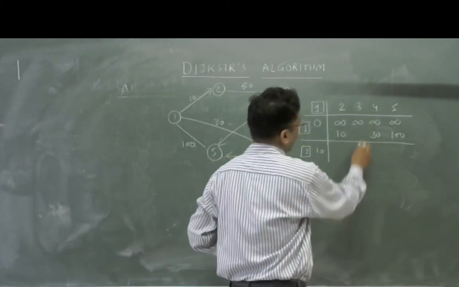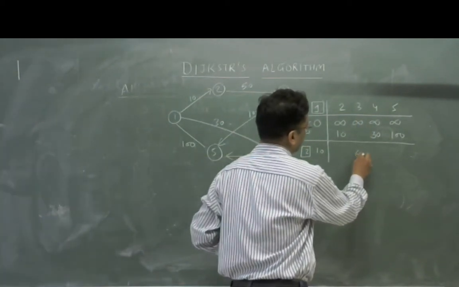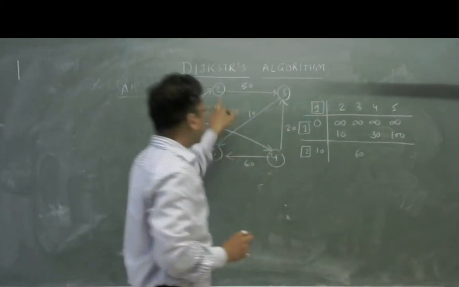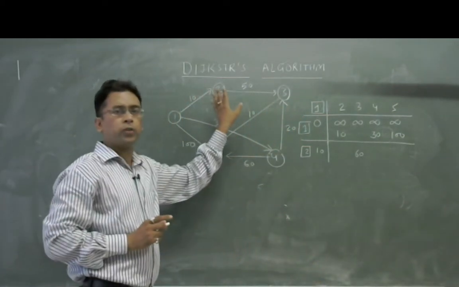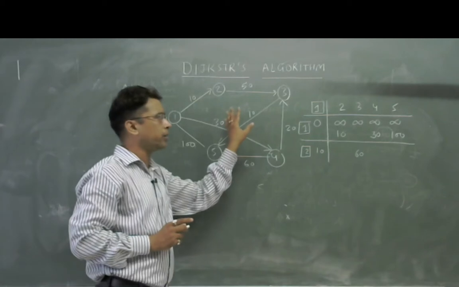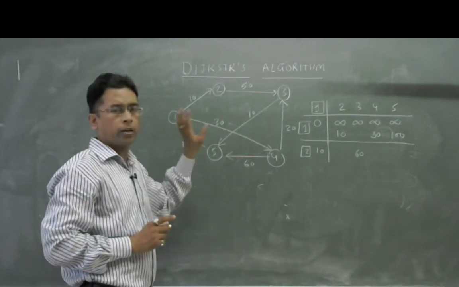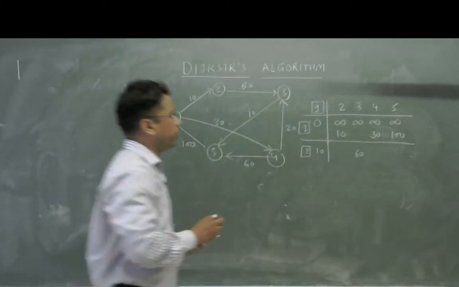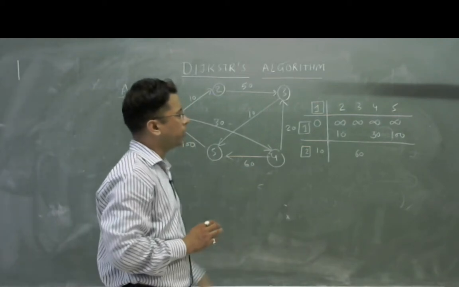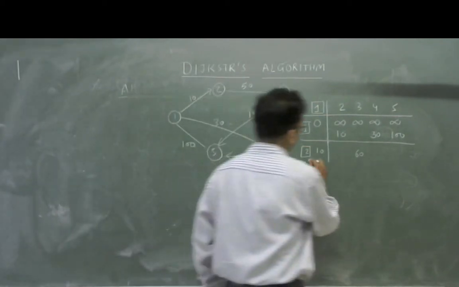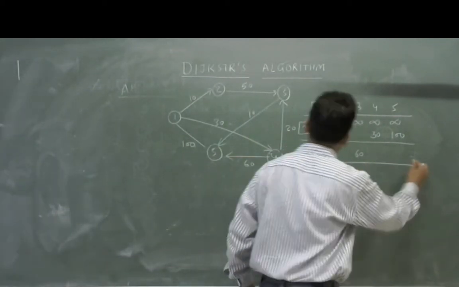So we can relax node number 3 by a value 60. There is no other edge, so the rest of the nodes will remain at the same value, and they cannot be relaxed any further. So after this, node 2 has been utilized.